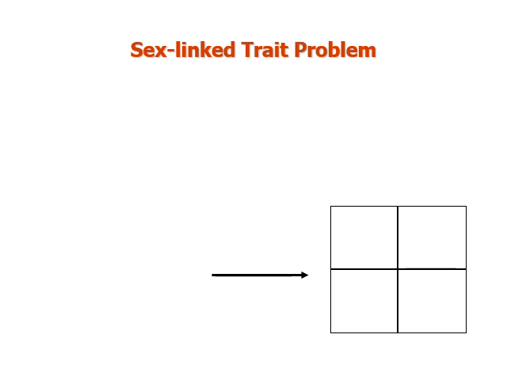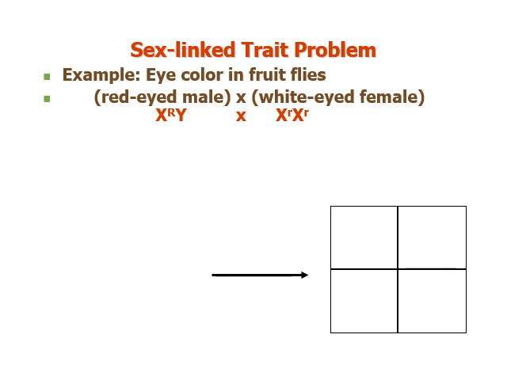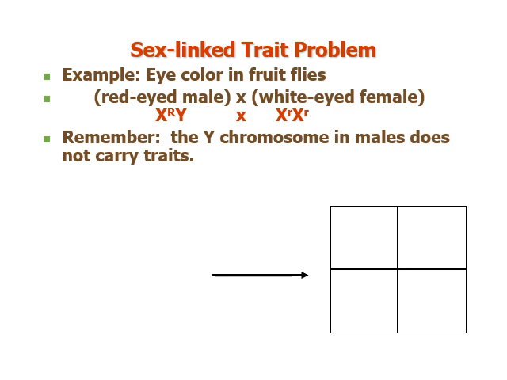So here's our Punnett square as we are used to drawing and setting up. Now in our example, we're crossing a red-eyed male with a white-eyed female. So remember, the Y chromosome in males does not carry the trait, so there's no letter above the Y chromosome. Those R's are only above the X chromosome to show that they are attached to that X chromosome.